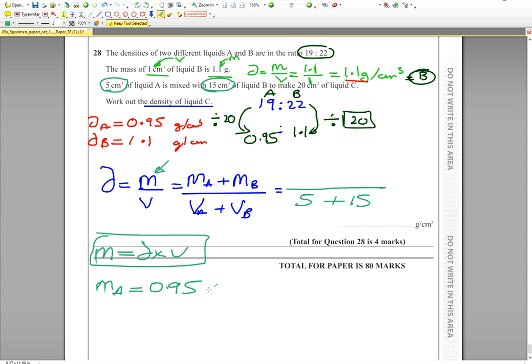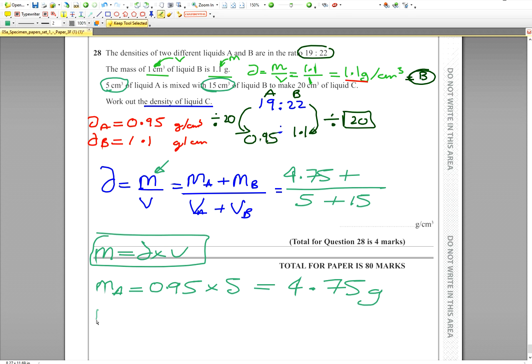What's the volume of A? We know A is over here. 5. So don't worry about the cubes. That's just the units. So what's 0.95 times by 5? Anybody please? It gives us 4.75. So we can fill that in. 4.75 grams. You happy with that? Don't put the units in.